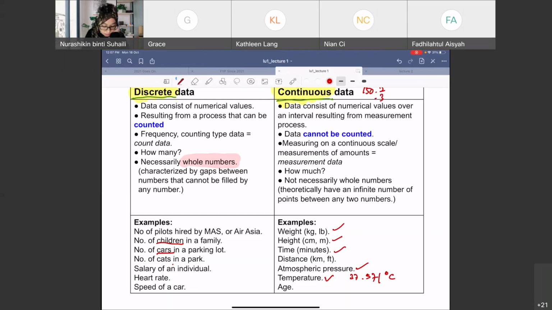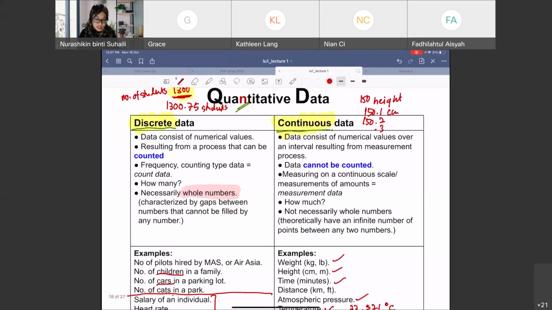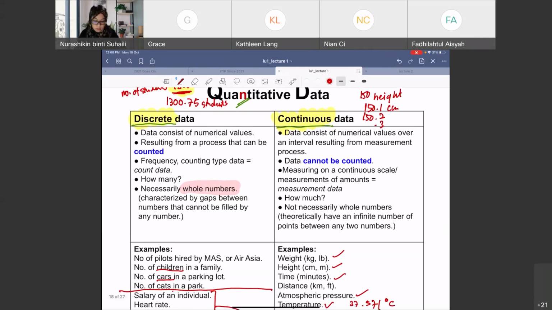Heart rate. Speed of a car. I think this one is continuous. This is wrong. Okay, so we're talking about numbers now, number of things, number of items. It should be whole numbers. You cannot say 1.5 cats, 2.5 cars. So this kind of data is discrete data. Whole numbers are discrete data. Continuous data are those that involve decimal points, to make it easier.